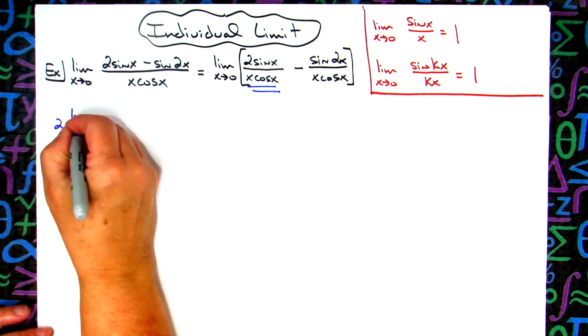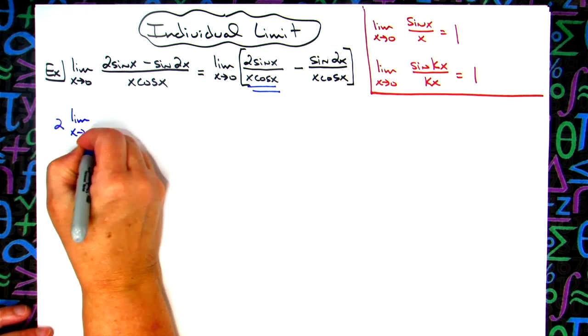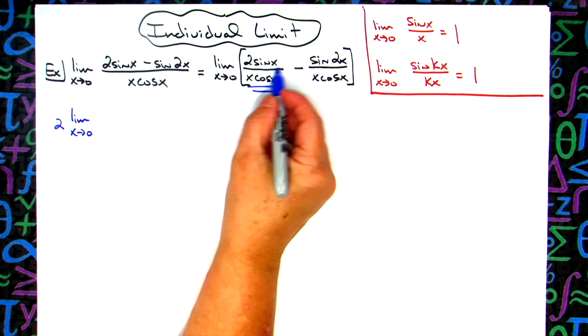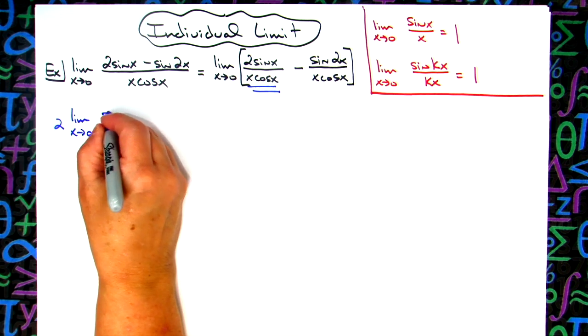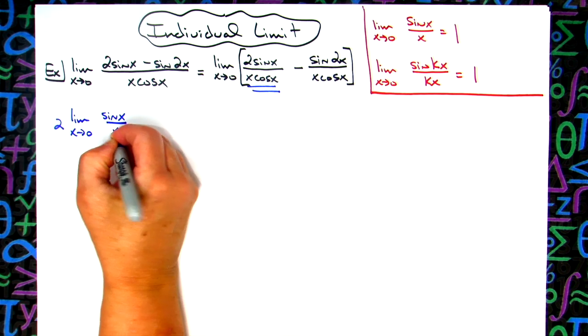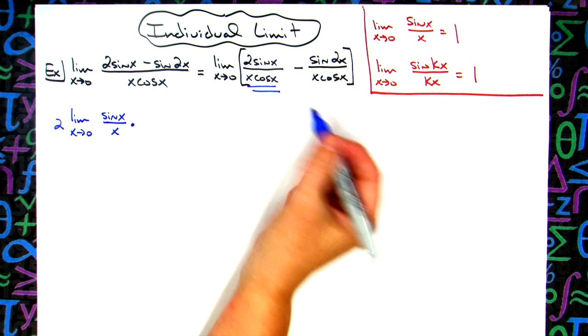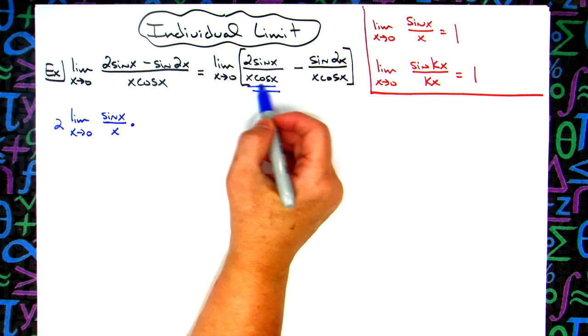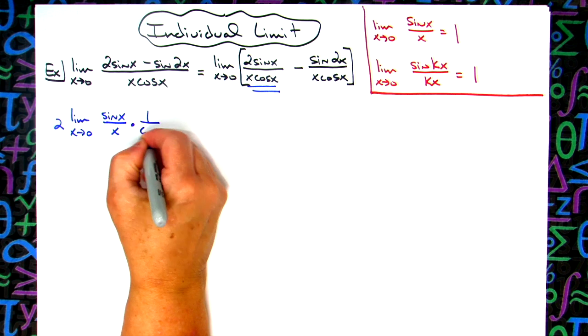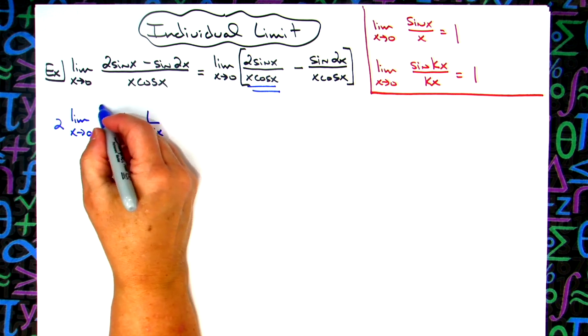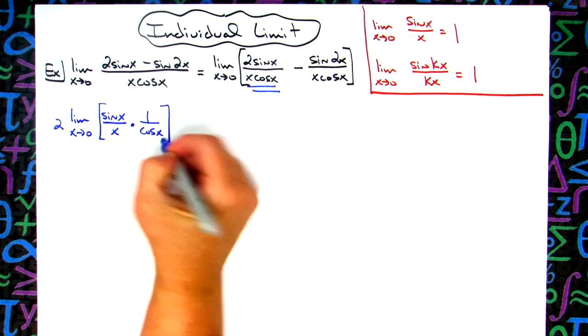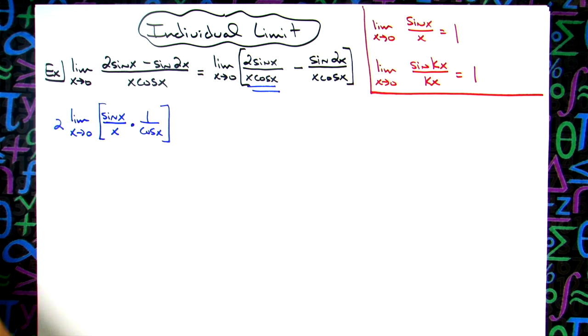I'm still going to have the limit as x approaches 0. I'm going to take the sine x and x, make that one fraction, sine x over x, and multiply that by what I have left, which would be 1 over that cosine x. Just setting this up so that I will be able to then evaluate this limit.